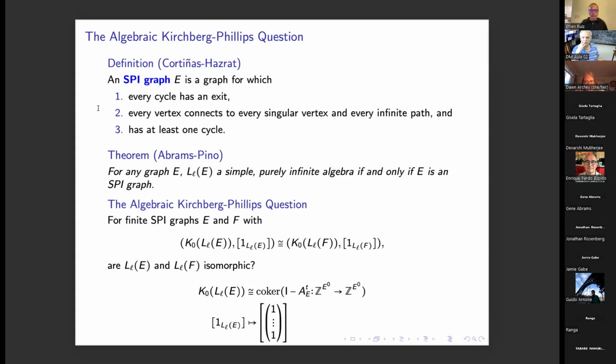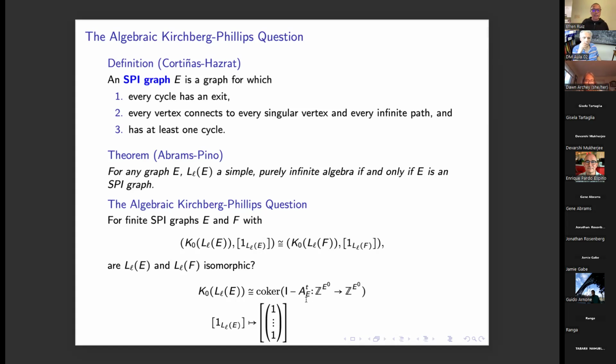For those people who are unfamiliar with K-theory, probably this group knows everything about it, but if you don't want to worry about that, then for these graphs it's just the cokernel of 1 minus A_E transpose, where A_E is the adjacency matrix, which keeps track of the number of edges from v to w. And then the class of the unit will just be the vector where the entries are all ones.